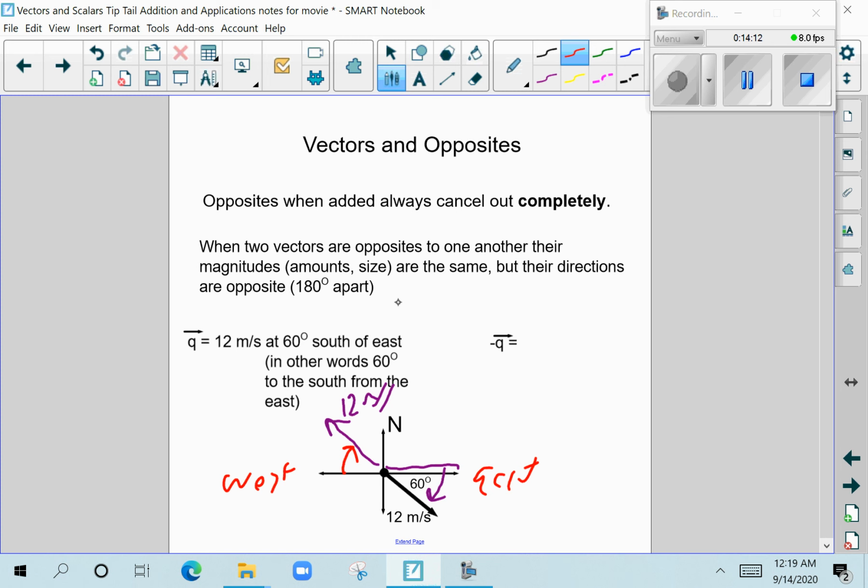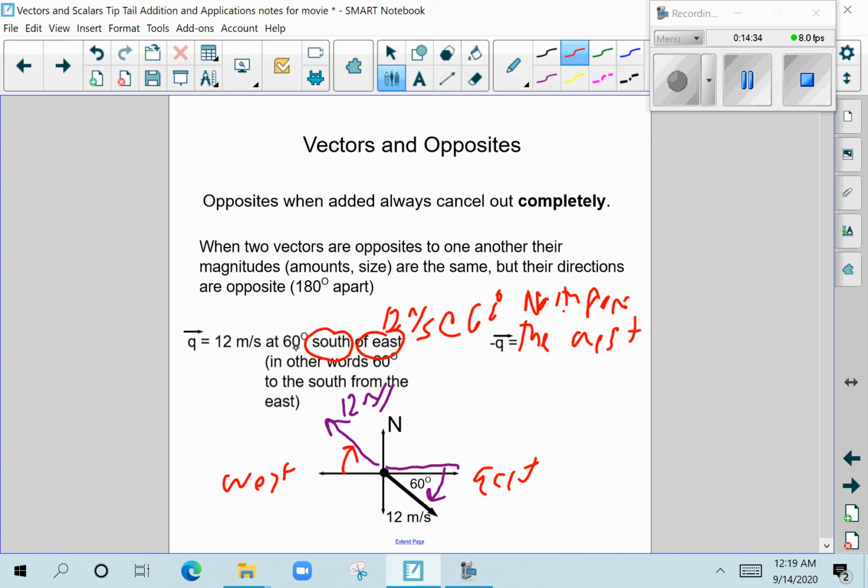So this would actually be 12 meters per second at 60 degrees north from the west. Please notice, the south just switches to north, east just switches to west. That's how I get my exact opposite.